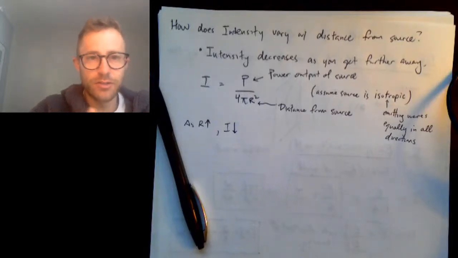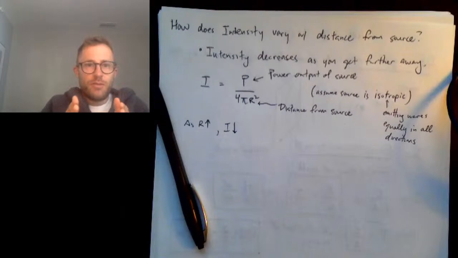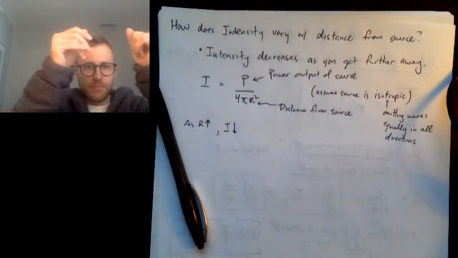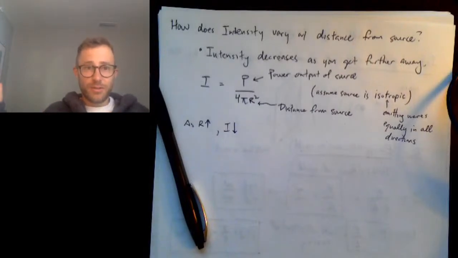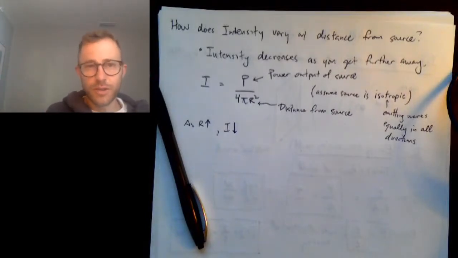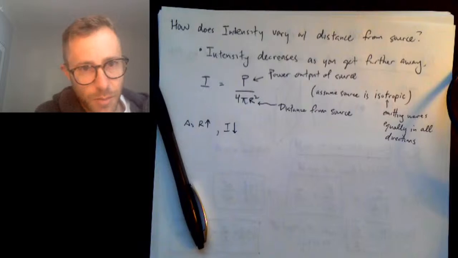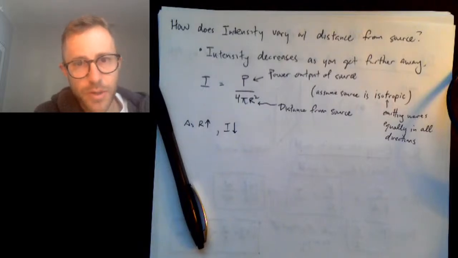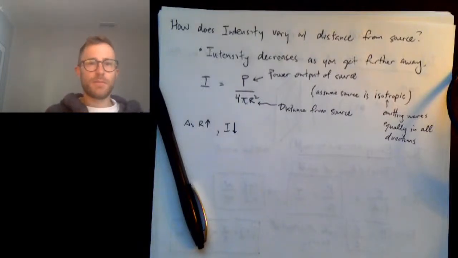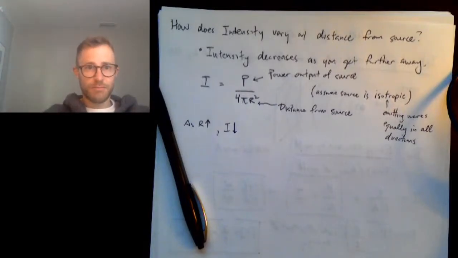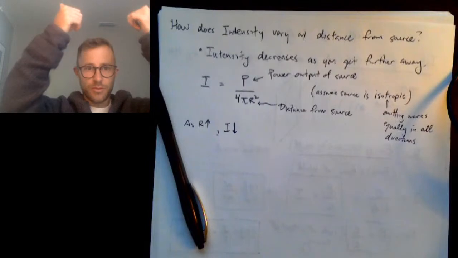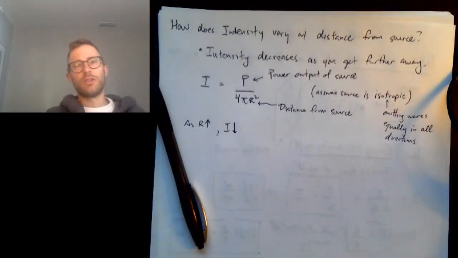Okay? A laser is sending light waves, almost all of them in one direction, and then almost none in every other direction. Okay? A street light is non-isotropic because it's emitting most of the light waves down towards the street and not any at all up towards the sky. So those are our non-isotropic sources.